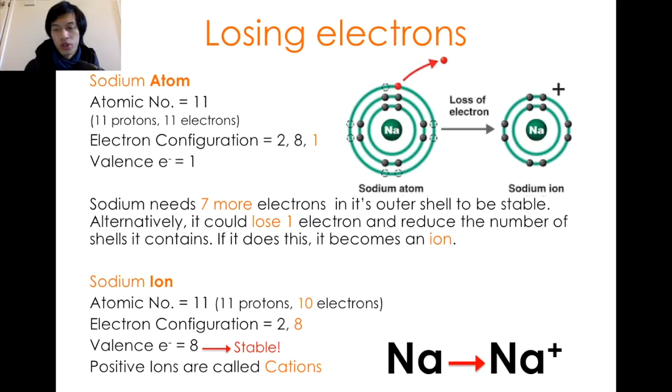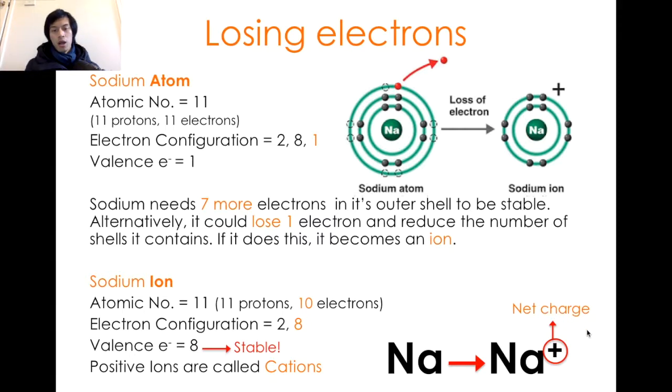And this is what sodium would now look like. You don't write it as Na, you would now write it as Na+, and that will be the ionic formula for sodium, okay? Now, this plus actually represents what we call the net charge of sodium, okay?